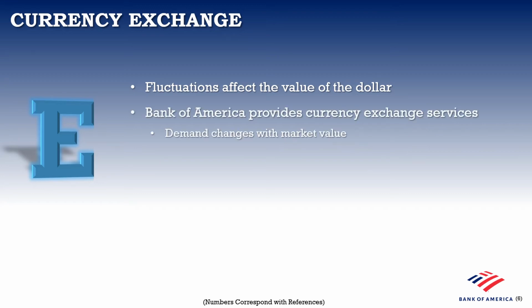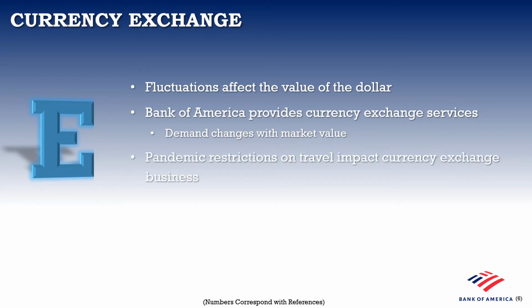Bank of America does provide currency exchange services, and there's a fee for that, which is a revenue producing service. The demand for that service changes with market value. So as different currencies fluctuate relative to each other, that can change how much of that service is necessary.